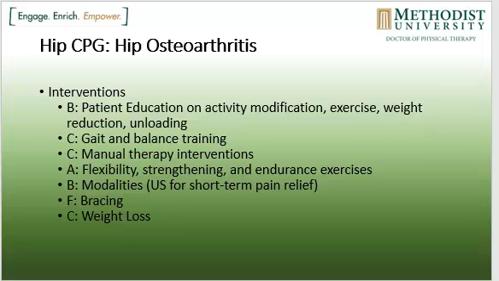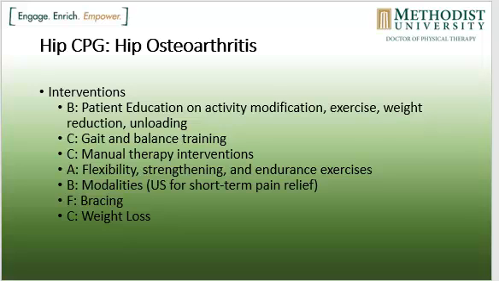Those that have a grade of B, so still good evidence but not as strong a research background, are patient education on activity modification, on exercise, weight reduction, and how to unload that joint, and also modalities. But modalities help for short-term pain relief. They may not change the overall course of a patient's treatment. Interventions that are graded as a C are manual therapy, gait and balance training, and weight loss.